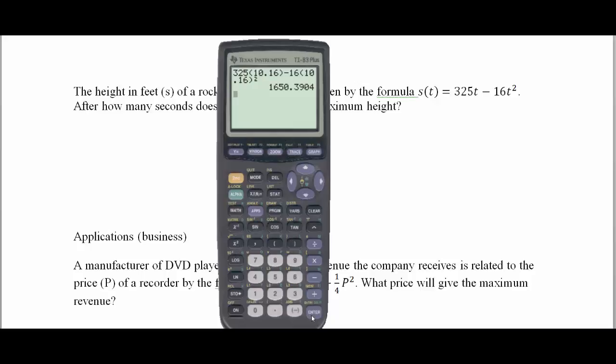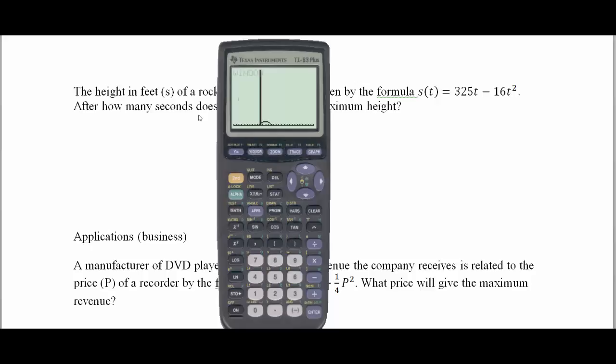It's going to be over 1,650 feet in the air. So if I'm doing the window for this, my x-min and x-max, remember it maxed out at 10 seconds, so I would need about 20 seconds on the clock, and we're going 1,700 feet in the air to see that maximum at about 1650.